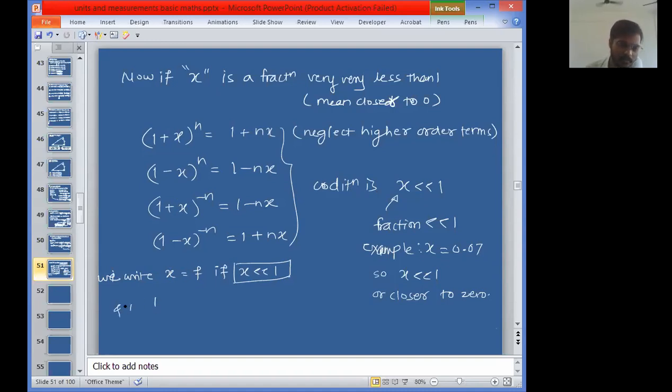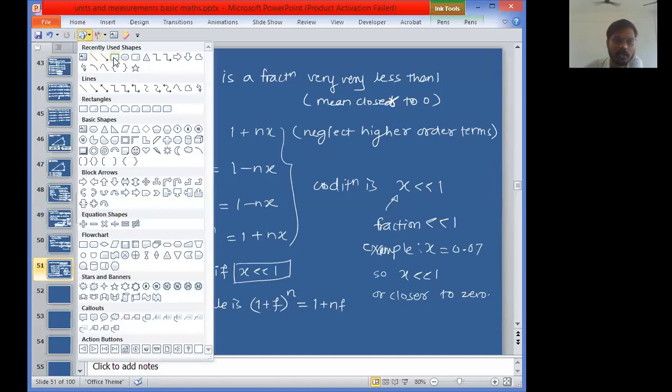And the general rule is 1 plus fraction, आता फ्रॅक्शनच म्हणायचं, 1 plus x म्हणायचं नाही, 1 plus fraction raised to n is equal to 1 plus n times fraction, that's it.